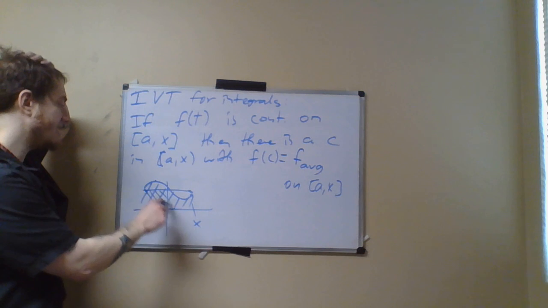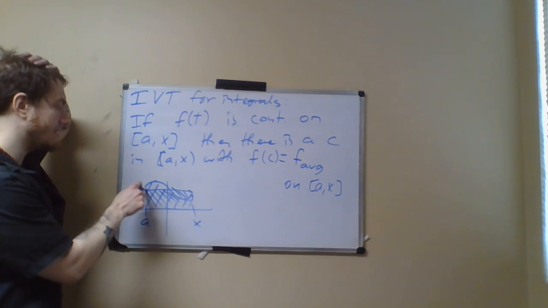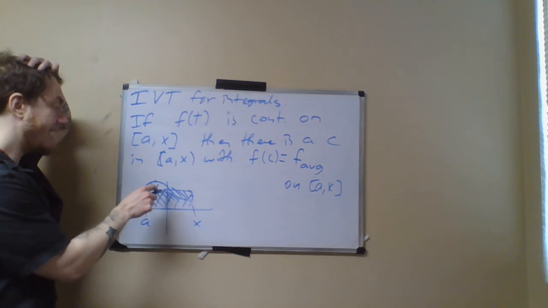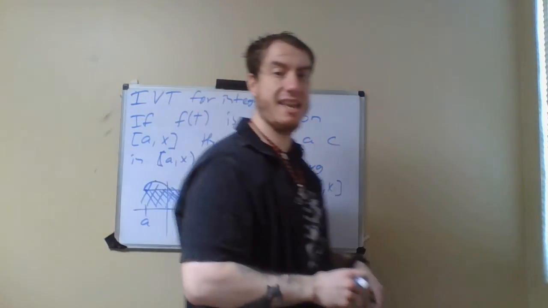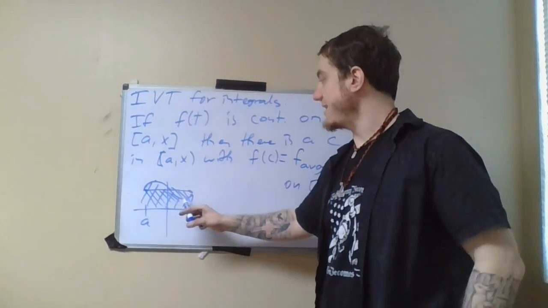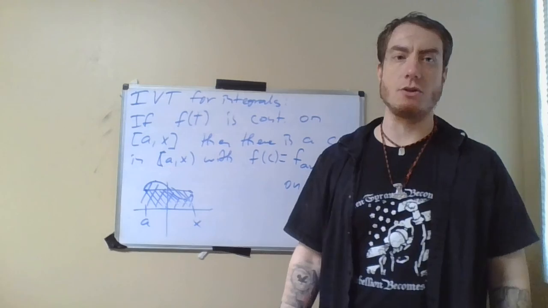So to say that this rectangle has the same area as the region under this curve, the top of the rectangle is going to have to cut through the curve, because it can't be bigger than the maximum and it can't be smaller than the minimum. So geometrically, this is almost immediate.